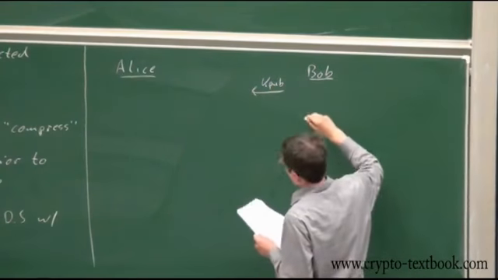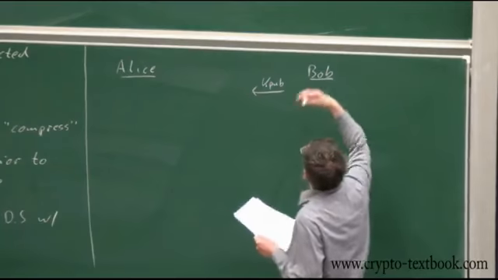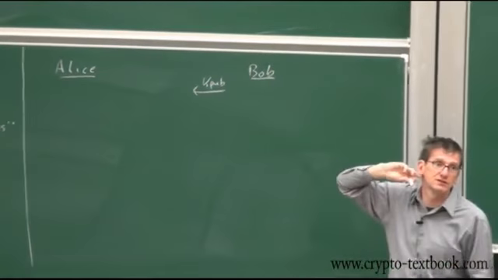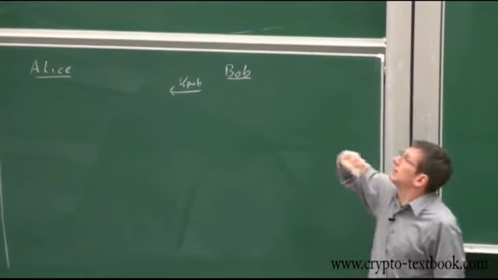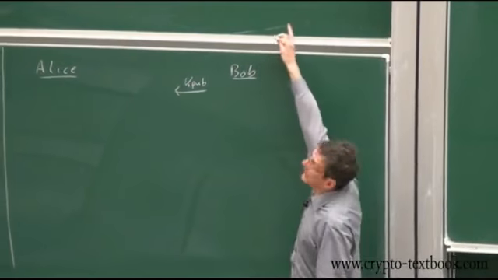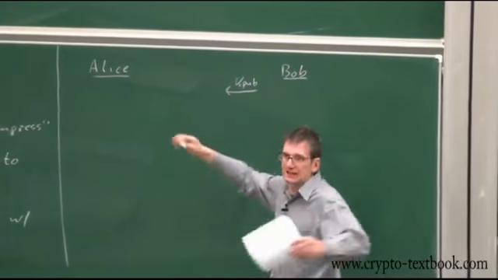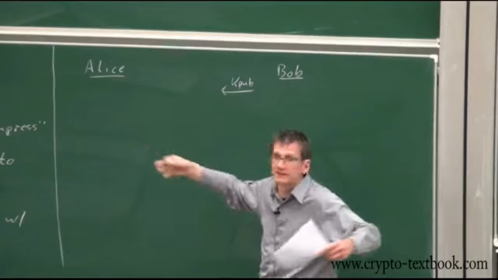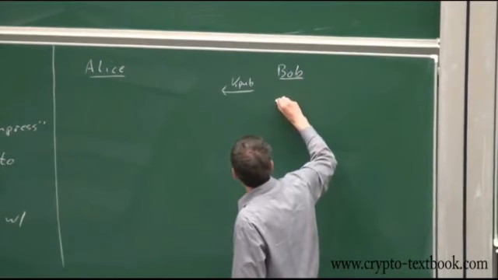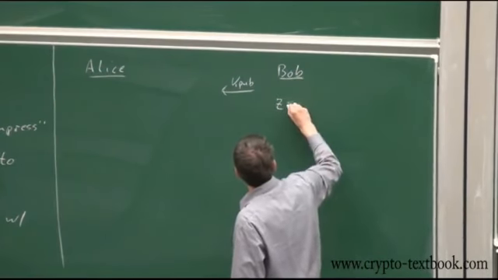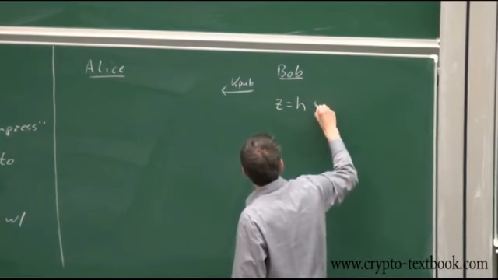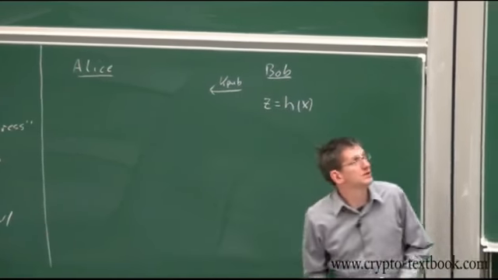Bob sends kpublic over, and now instead of signing X directly, because again X is 256 megabytes, we compute something very nice and short, which we call Z, which is H of X, which is a picture there. You compress it, compress in quotation marks.